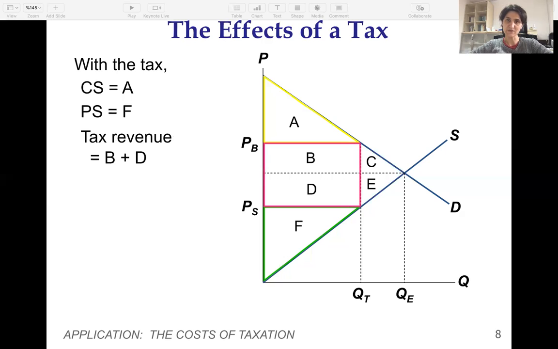For tax revenue, PB minus PS is the tax, and QT is the total amount sold with the tax. So B plus D is the tax revenue.